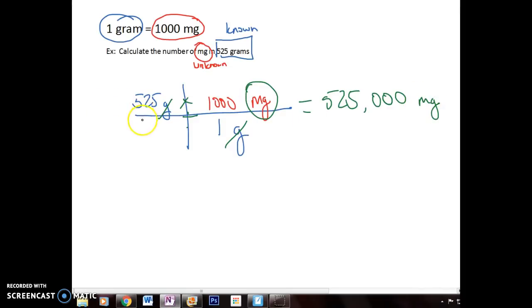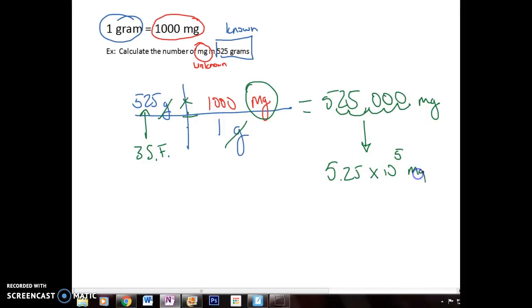Now, this is 3 sig figs. That's 3 sig figs. And our answer currently is also in 3 sig figs, but we can clean it up a little bit. Let's go ahead and place this in scientific notation. There's a decimal right there at the end. So let's rewrite this as 5.25 times 10 to the 5th milligrams, and we moved it 1, 2, 3, 4, 5 places.